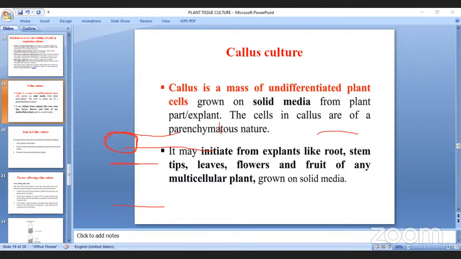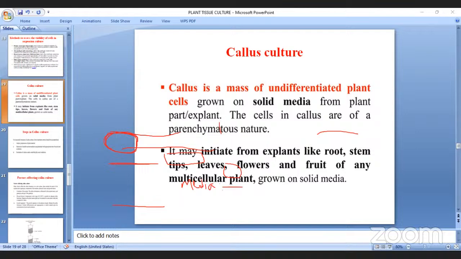And next one, physical factors. Physical factors may be temperature and also light, and also media. Media, nutrient media, is also a physical factor. Let's discuss one by one.